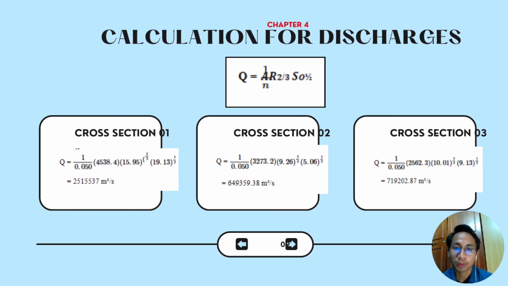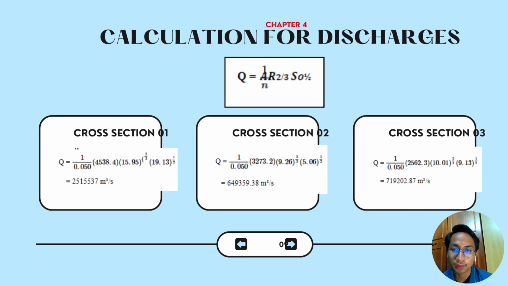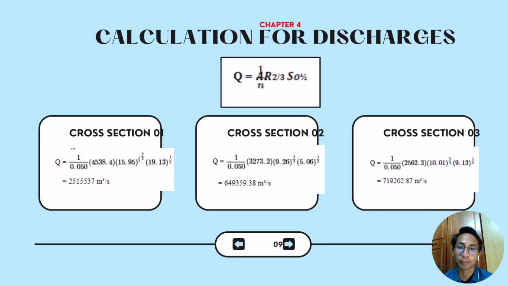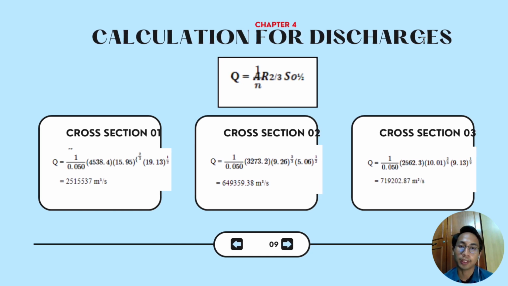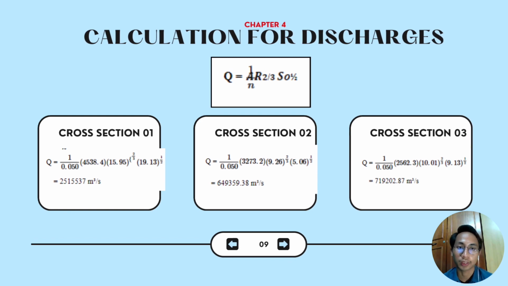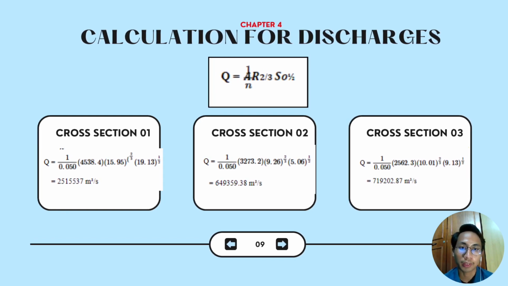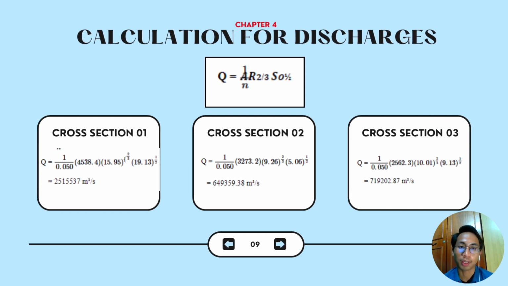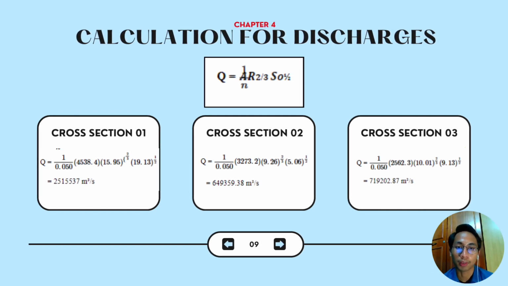For cross section 2, we got 649,359.38 meter cube per second. For cross section 3, we got 719,202.87 meter cube per second.